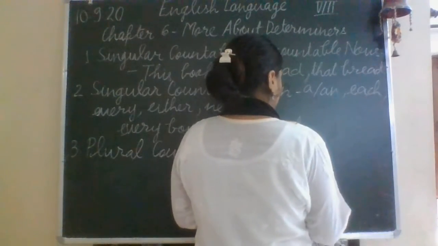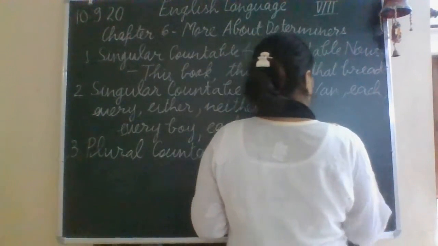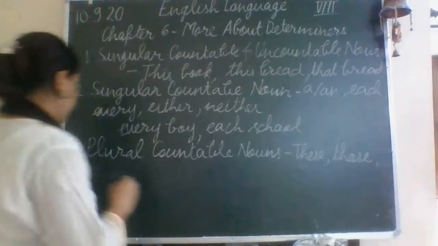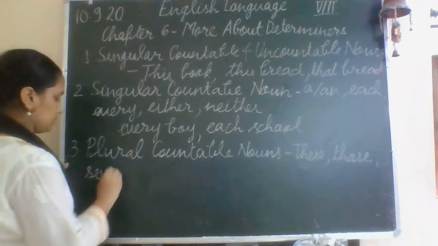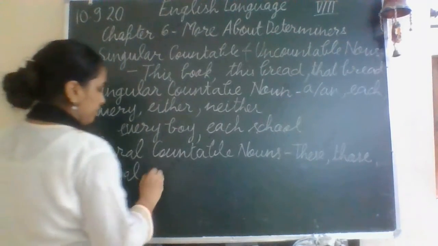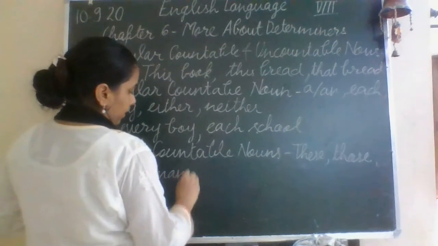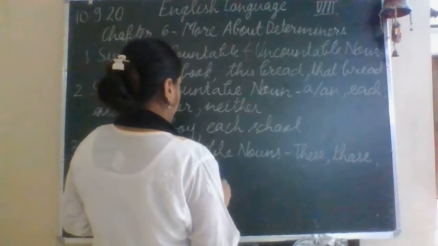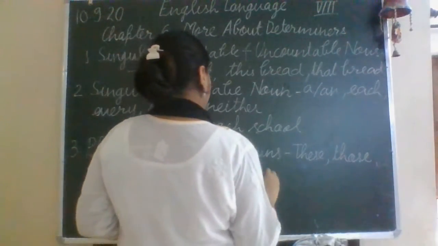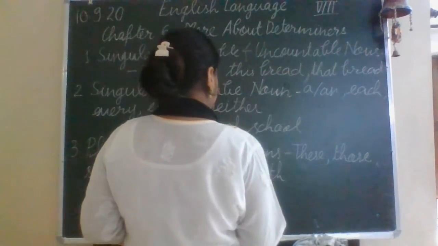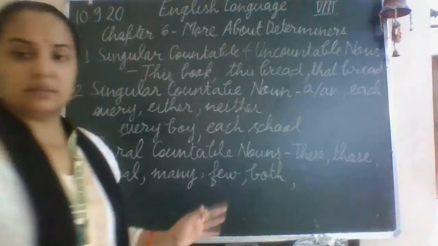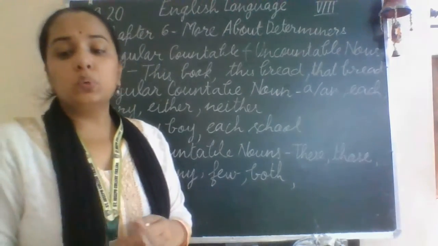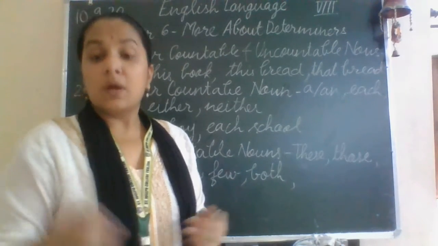These, those, several, many, few, both. These are the terms that can be used with the plural countable nouns.